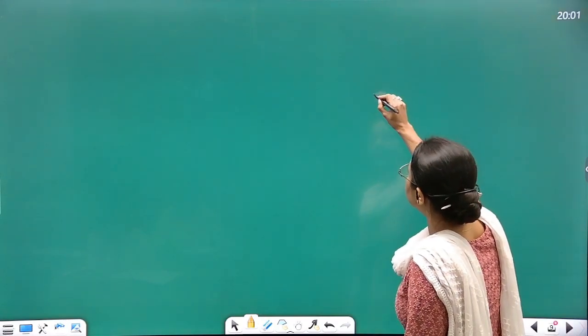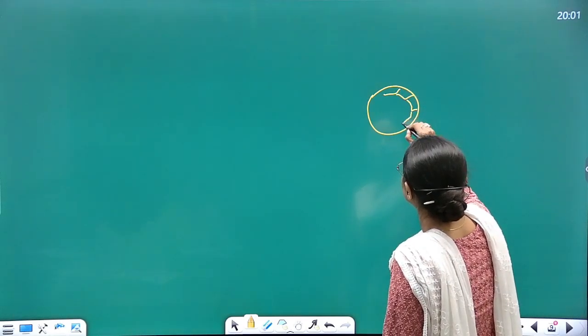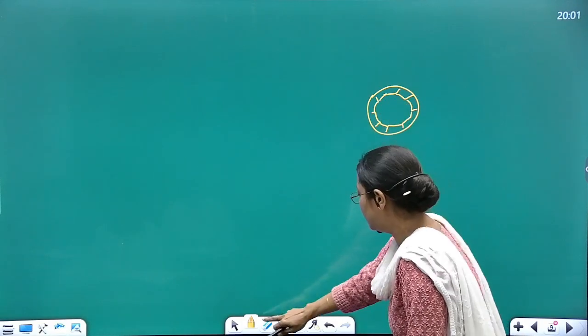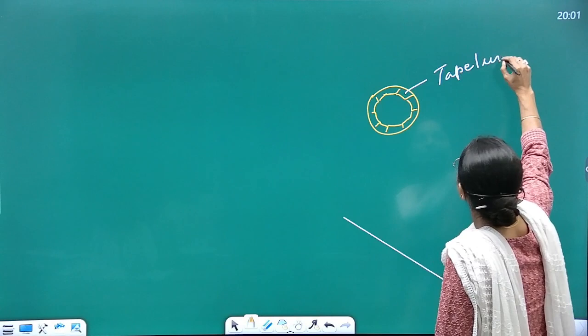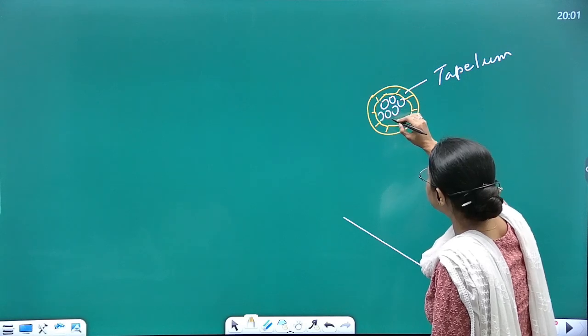Okay. Next. What we have said, if suppose this is the tapetum, we have already drawn the diagram, no? If this is the diagram, if this is the tapetum, what is inner to the tapetum? Cells, right? What do we call these cells?